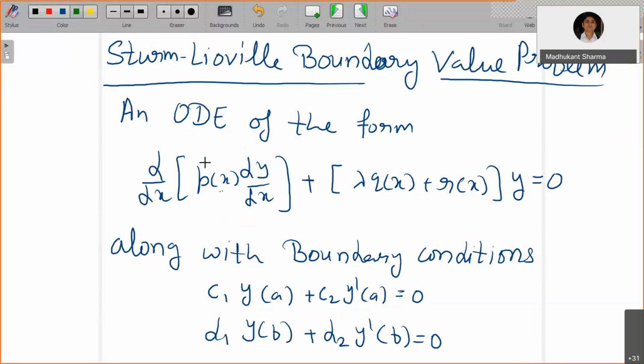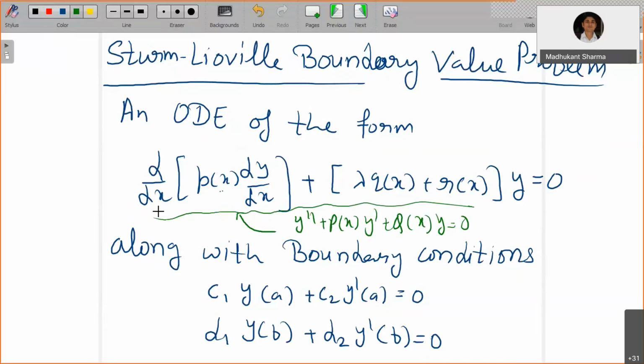So you can always write it in the following form: y'' + p(x) y' + q(x) y = 0. That you can always do by opening up, or if it is possible to rewrite it into this form.